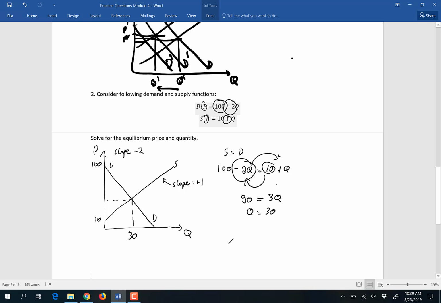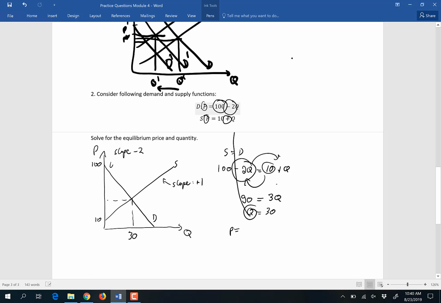How do we get the price? We plug the quantity into either one of the equations. In fact, this is a way to double check yourself. If the answers are not the same, whether you plug it into demand or supply, then you did something wrong. And so in our case, let's say we plug it into the supply function.